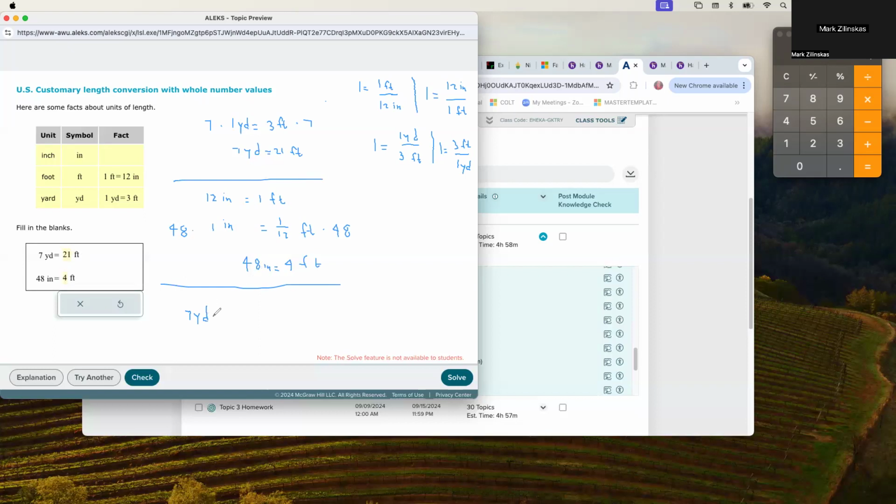And if I look at that as a fraction, I can kind of look at this as like over 1. And if I want the yards to divide out and be left with feet, then I want the yards to be in the bottom. Okay, so remember, this is 1. So if I multiply by this ratio over here, it's just like multiplying by 1. I'm not changing this quantity at all. So what I'll do is I'll write the number 1 as 3 feet.